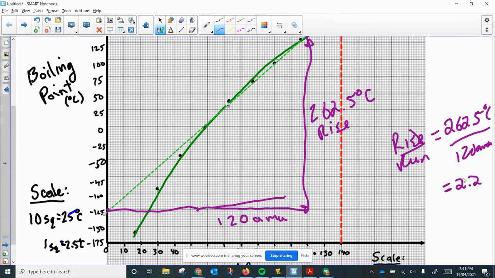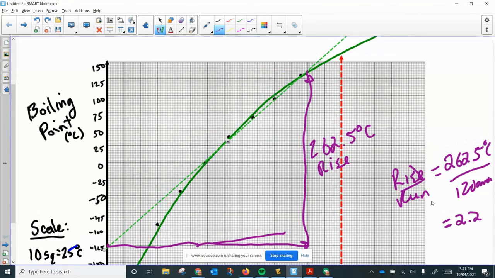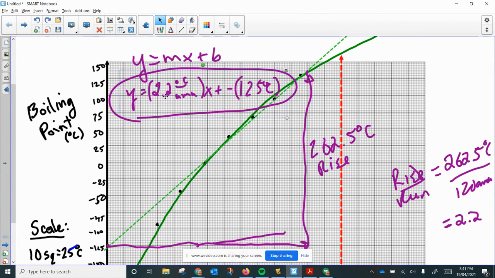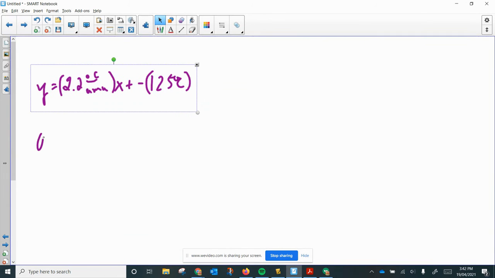If we were to describe our equation of the line here, our y equals mx plus b, pull my monitor still while I try to write on it. We've got y equals our slope, which is 2.2 degrees C per AMU, times x plus b, which is negative 125 degrees C. So if we were to use this value, that's our slope.